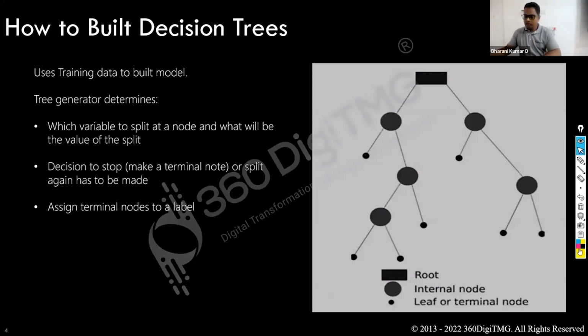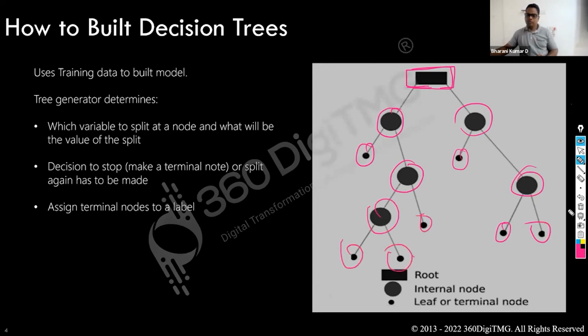And decision tree is based on divide and conquer, like what the British have done, right? Divide and conquer. So you'll have a specific variable or a feature as a root node, and then you keep splitting it. Keep splitting the tree further, and further.